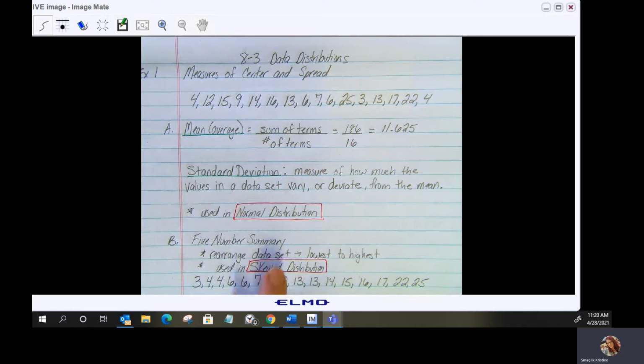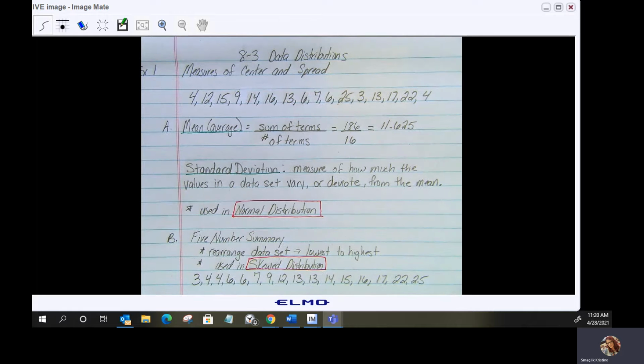Now the standard deviation is the measure of how much the values in the data set vary or deviate from the mean. Your book is going to ask you to calculate standard deviation, and what they want you to do is either use a spreadsheet or use a calculator. We're not going to bother with it.